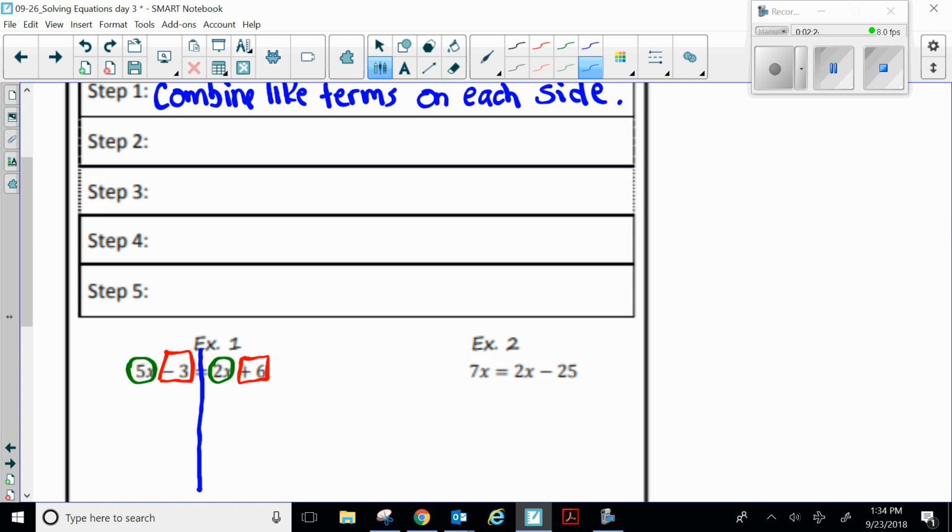So the next step I'm going to do is, if there are variables on both sides, I'm going to get the variable on one side.